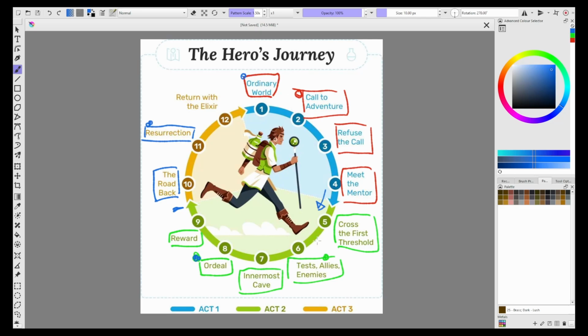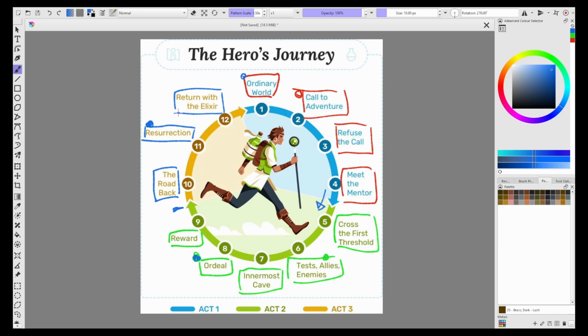Obviously, they need to have character development and growth and change throughout the entire story, but the biggest point of internal change and understanding will usually come around here at the resurrection, pretty close to the end of the story actually. And once that has happened, we hit the final beat, which is return with the elixir.